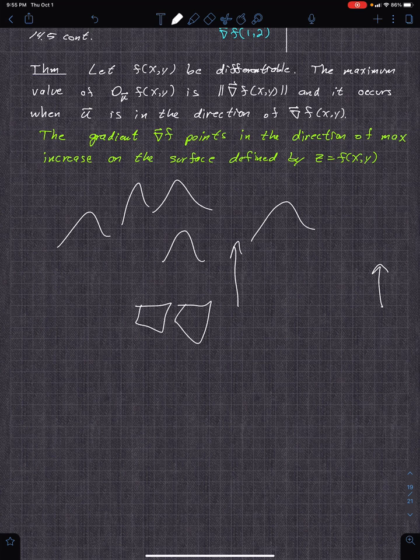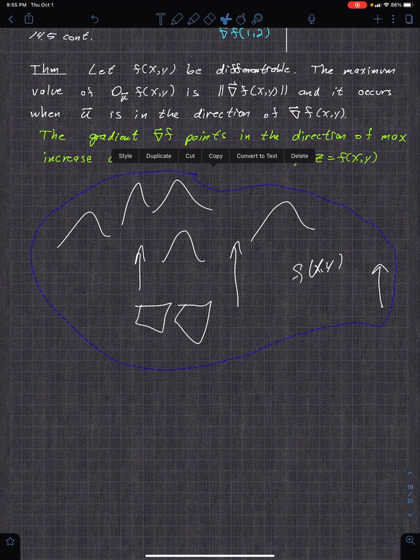It's a very poor representation of our surface, but if you defined f of xy to be the ground surface, then the maximum increase is always up the hill, pointing towards the mountains. So that's what the gradient does. Very important, powerful stuff, actually.